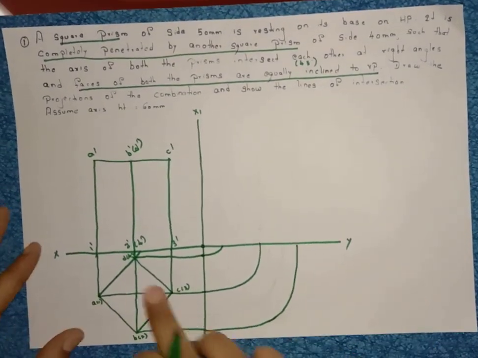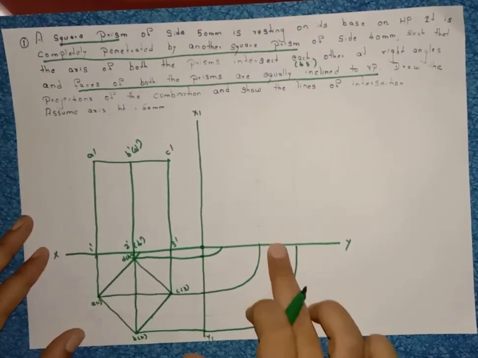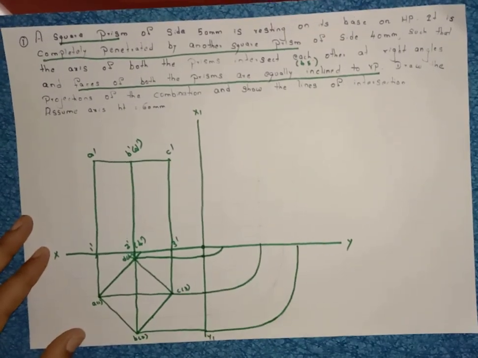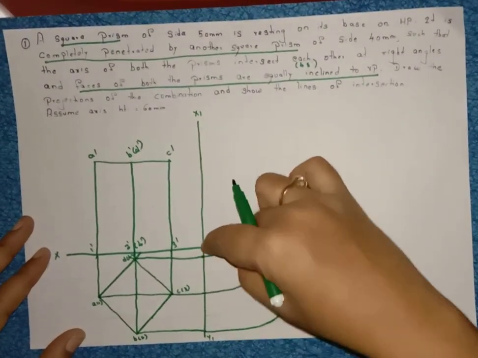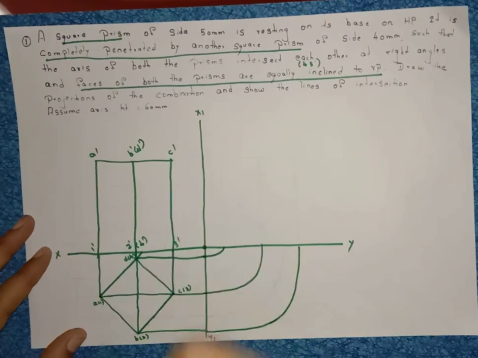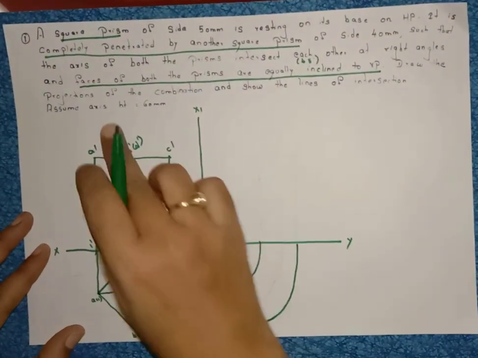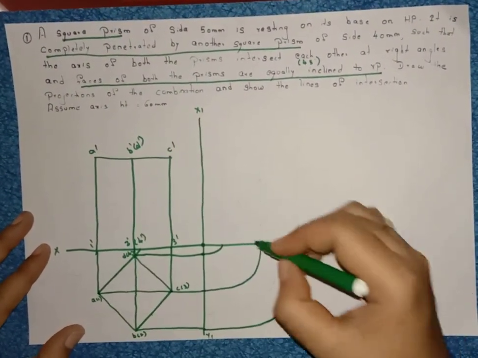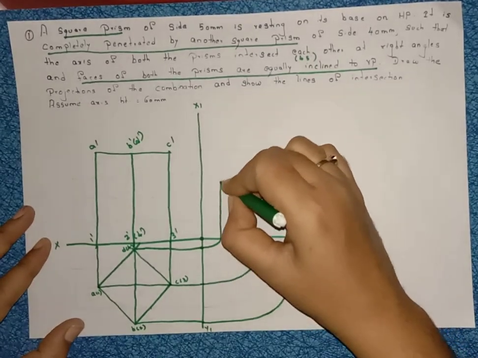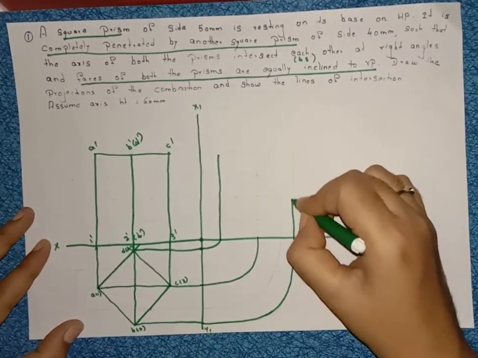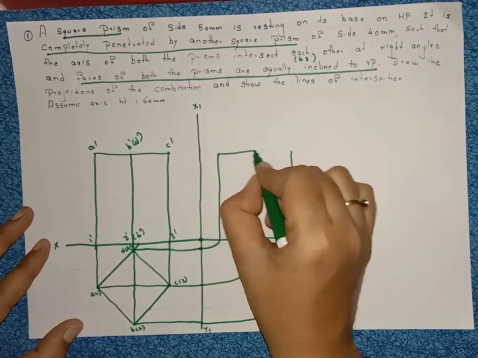We are just projecting these lines using arcs. Now, how much is the axis height? 60 mm. Take axis height 60 mm and draw this prism.